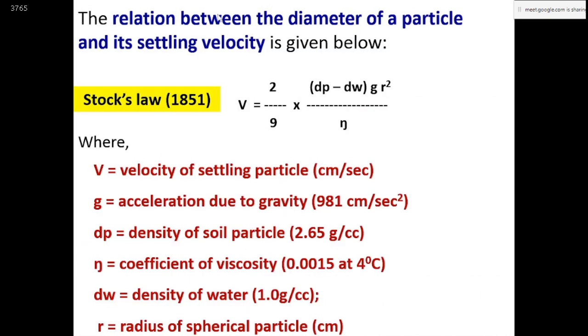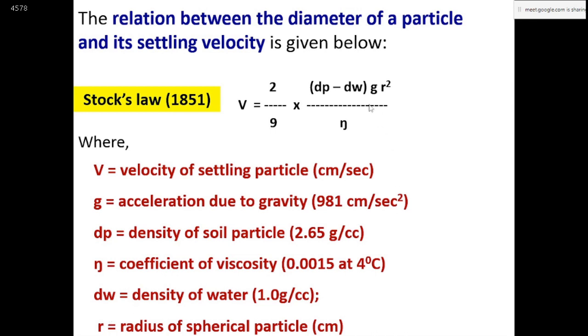So here we see the relation between the diameter of the particle and settling velocity. What is the velocity? The velocity is in centimeters per second. It depends on the radius and the coefficient of viscosity, the viscosity of water in which the soil particle is suspended.